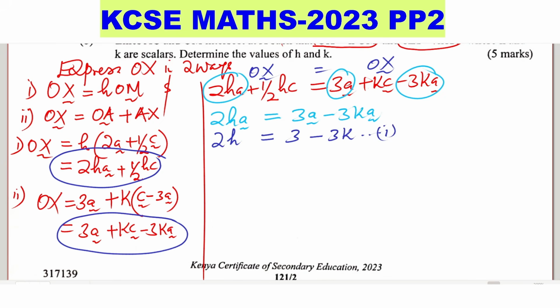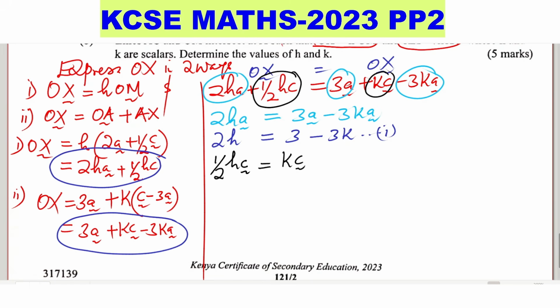Then the other thing you're going to do, pick the terms with vector C. So you have half HC is equal to Kc.